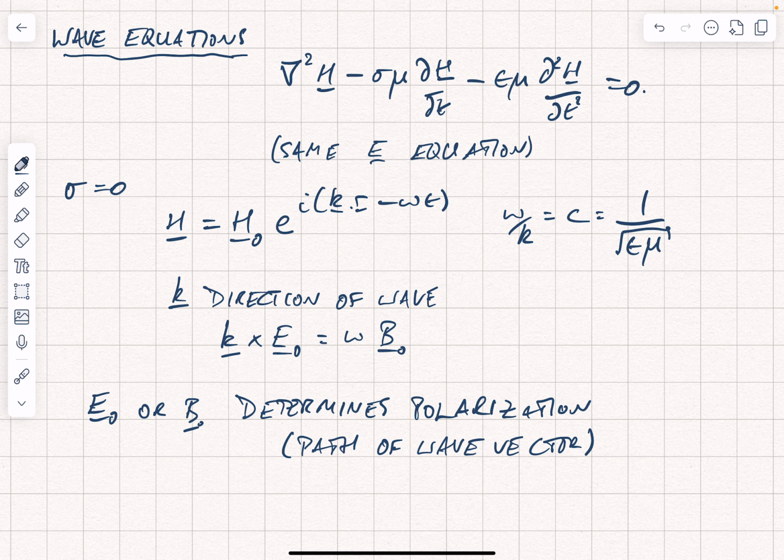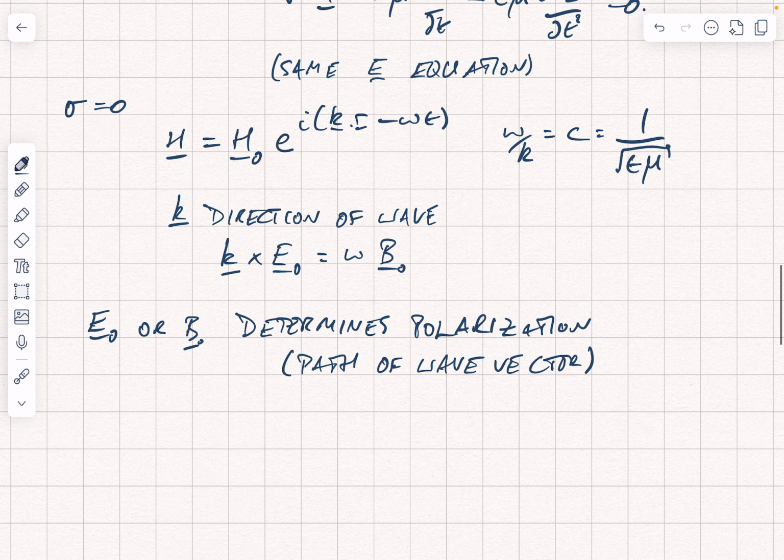So we noted that if there's a phase difference of 0, or perfectly out of phase, a phase difference of pi, then we have linear polarization.